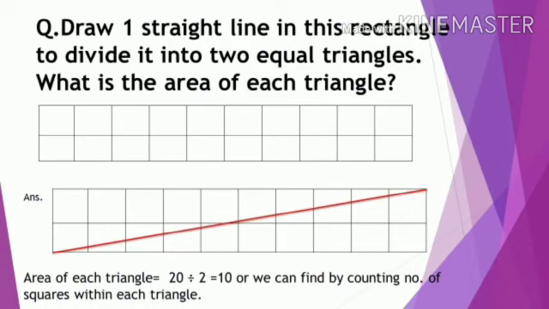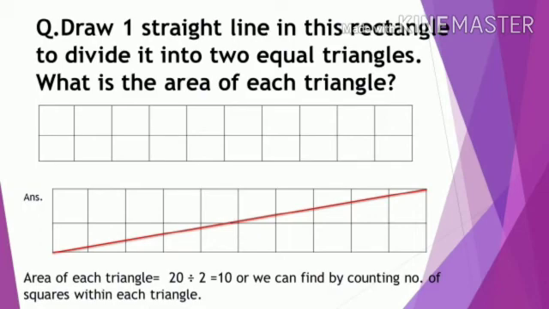Now we will find out the area of each triangle. We know that the area of this full rectangle is 20 because there are 20 square boxes inside this rectangle. So the area of the full rectangle is 20 square units.